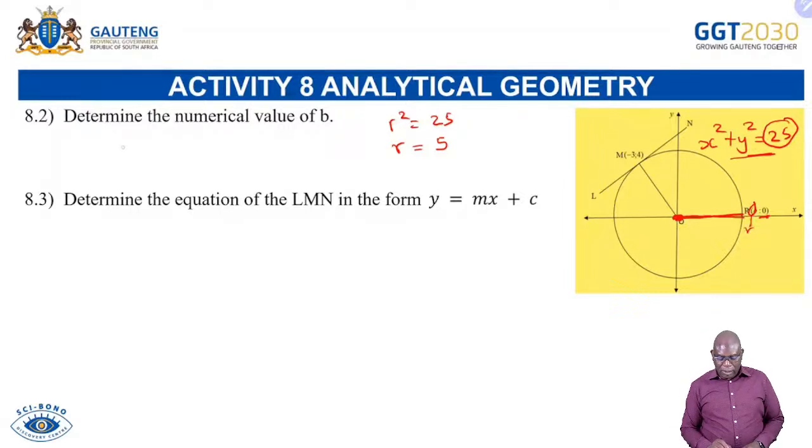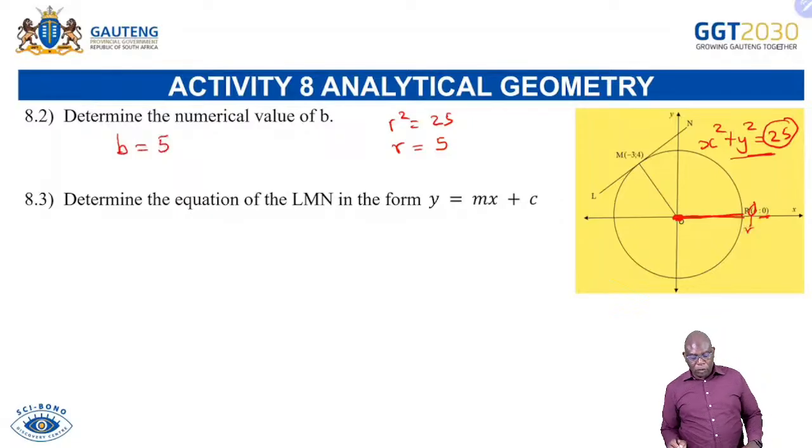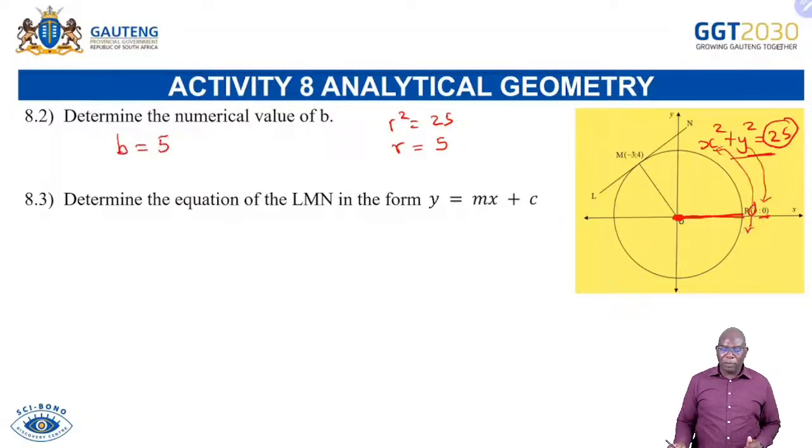So I can just write down b will be equals to 5. If I don't want to do it like that, I'll have to substitute the value of x by b, substitute the value of y by 0 equals to 25, and the answer will still come back to 5. You will get b equals to plus minus 5, then obviously you have to choose the positive on the right-hand side of 0.